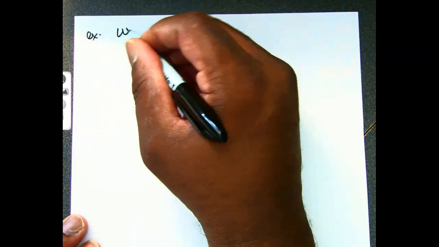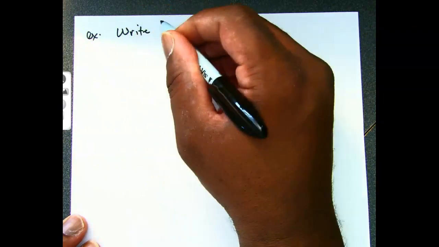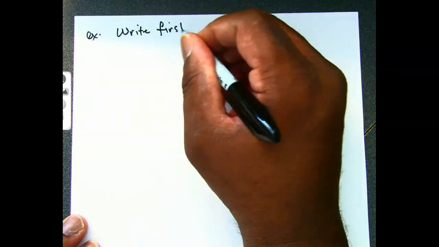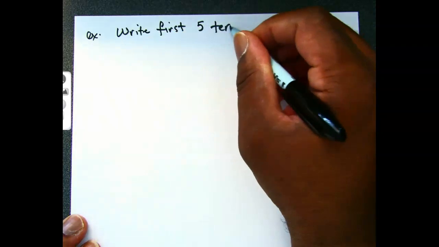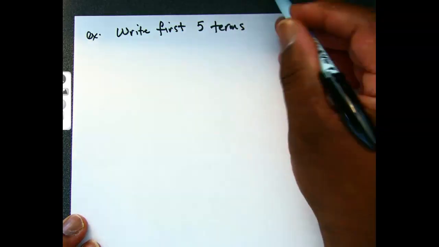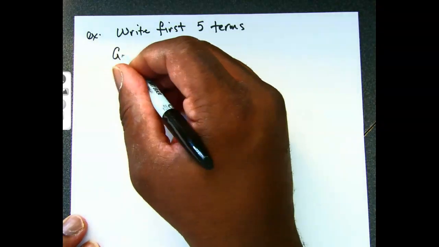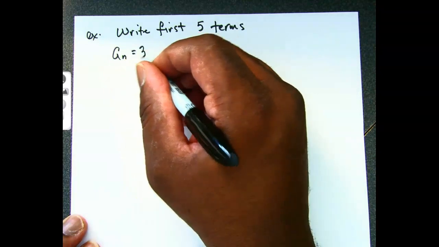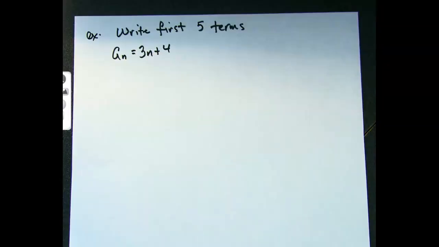So we're going to write the first 5 terms of a sub n equals 3n plus 4. So that means we're looking for a sub 1, a sub 2, a sub 3, a sub 4, and a sub 5.